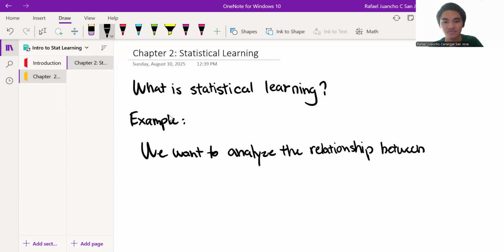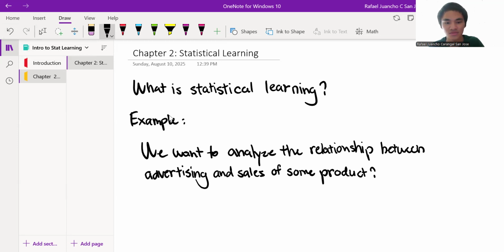between advertising and sales of some product? So how do sales and advertising relate to each other? So it's this idea of relationship.